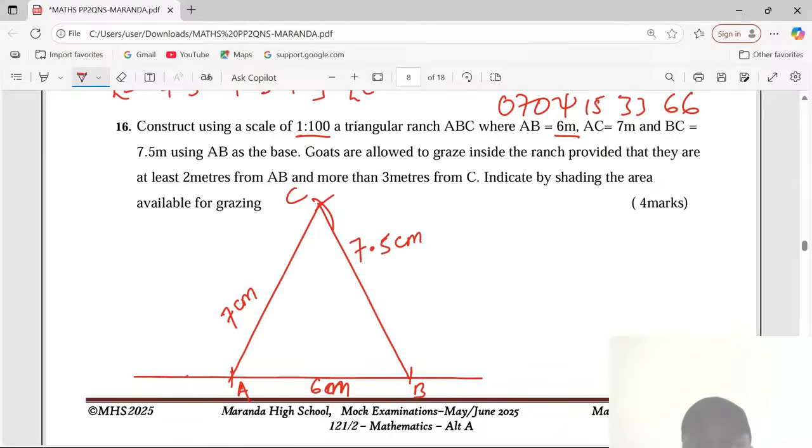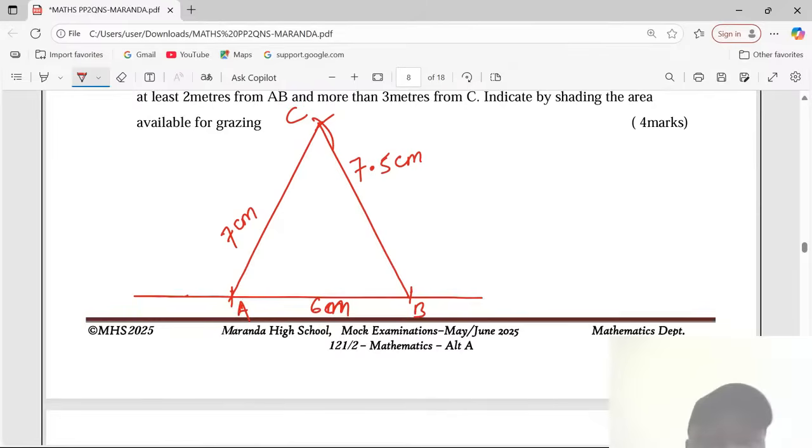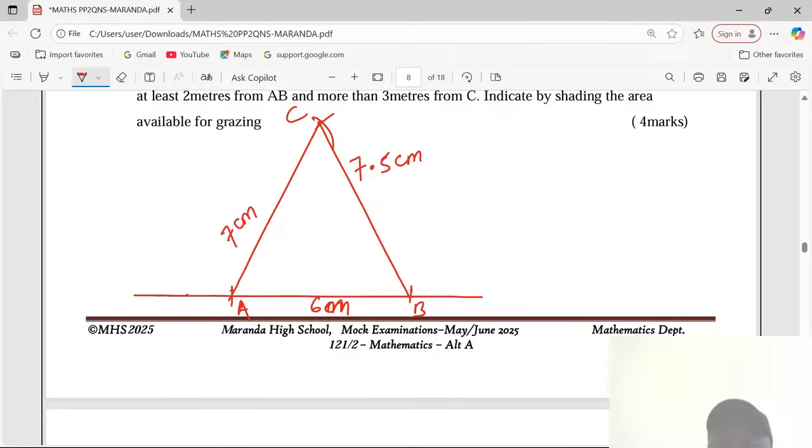Now with this ranch, let's check the instructions for how the goats are going to graze inside it, such that they are at least 2 meters from AB. Remember AB is a line.